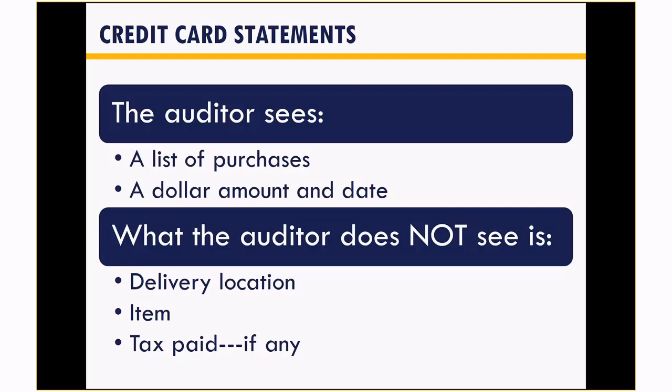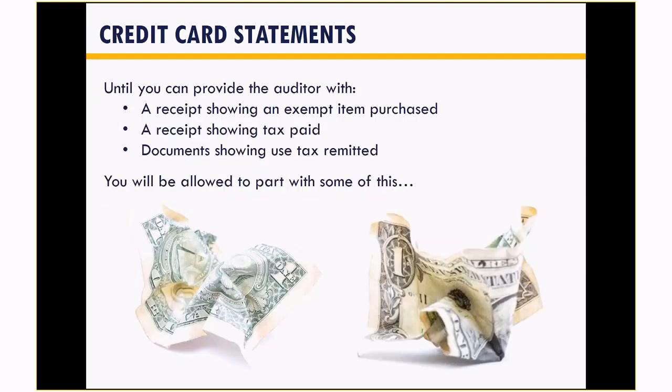And what happens, much like our missing invoice before, until you can provide the auditor with a receipt showing an exempt item purchased, a receipt showing sales tax paid, documents showing use tax remitted, you get to part with some money.